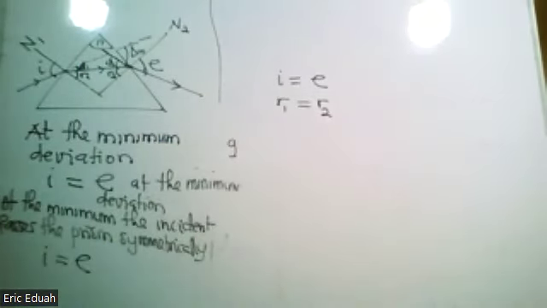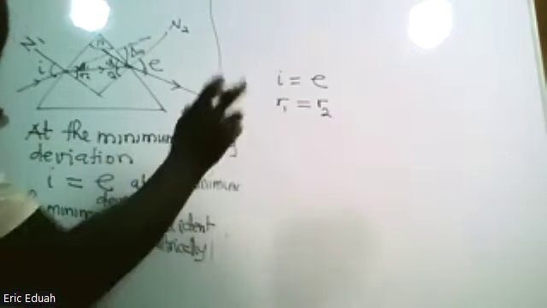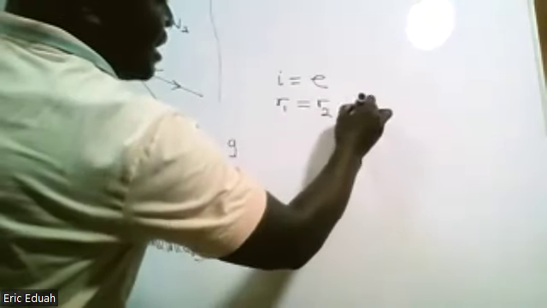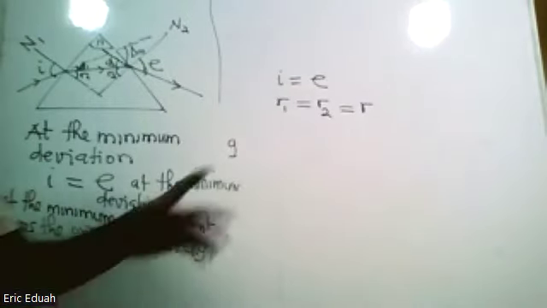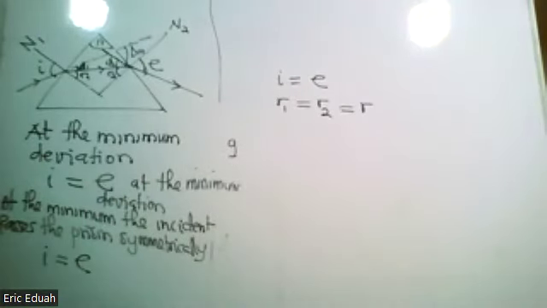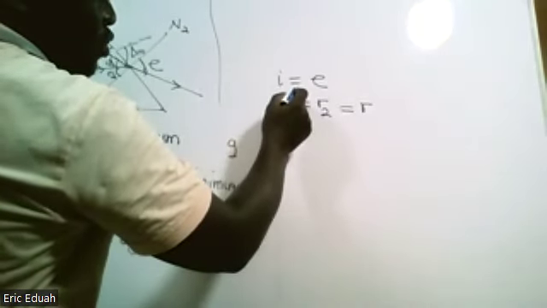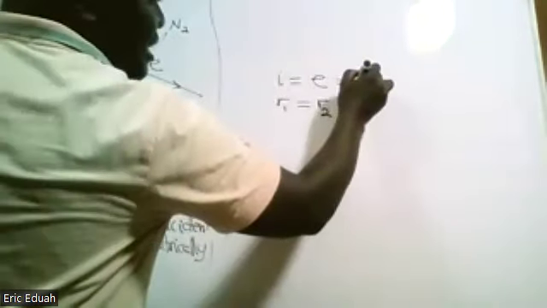So it means that at the minimum deviation, we don't have R1, we don't have R2. All that we have is R, the angle of refraction, because both are equal. At the minimum deviation, I is equal to E. So all that we have is the angle of incidence.